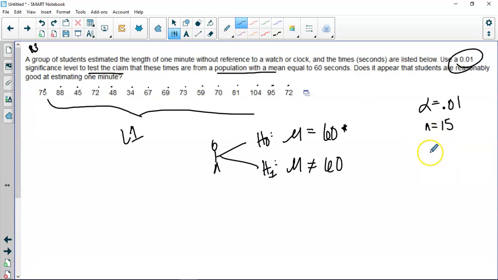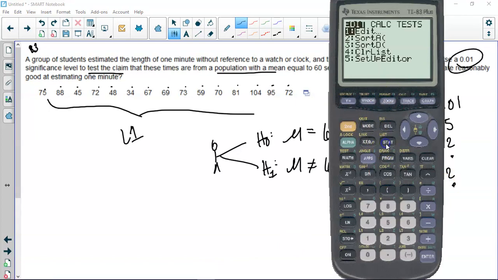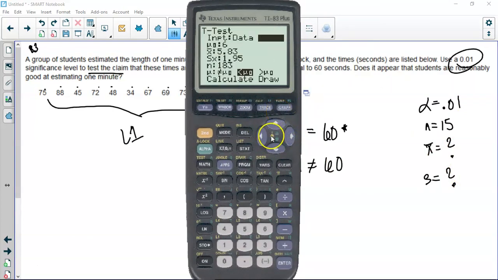Now I got n. Notice I don't have x bar and I don't have s. Way back in the beginning of the course, we would have put the data in and run one-var stats. But we don't really need to. You can do that and write down what x bar and s are, but we can go over to test and go to t-test and just scoot to data, and it will go to L1 and get all that for you.